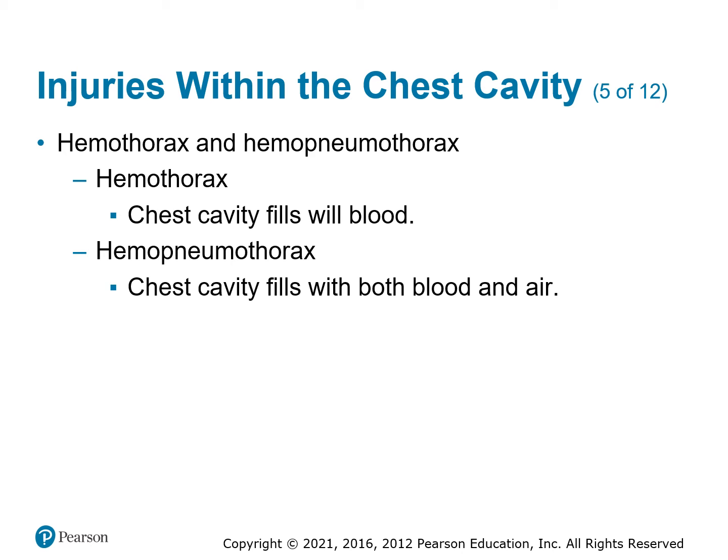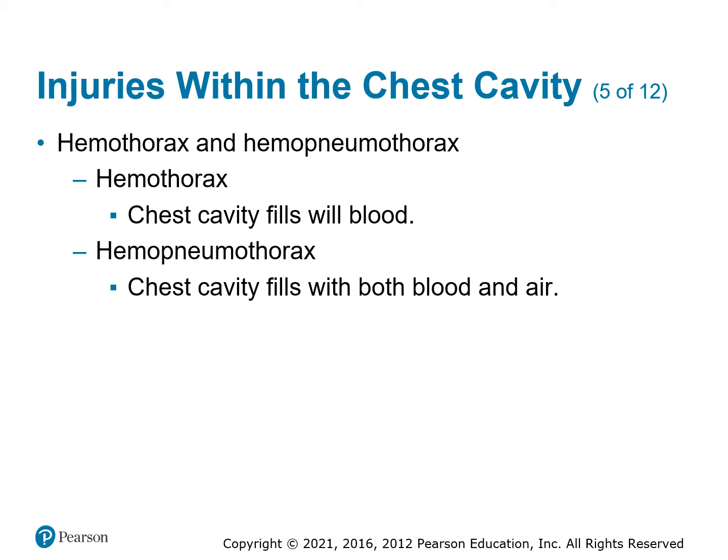The next couple here are the hemothorax and the hemopneumothorax. So the hemothorax is going to be similar to the pneumothorax, with the exception that instead of air compressing the inside of the chest cavity and compressing the lungs down, it's going to be when that cavity fills with blood, compressing everything down. So this can be from an open or a closed wound, depending on what causes the bleeding inside.